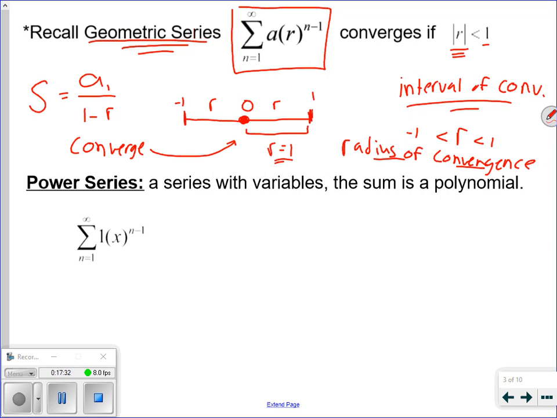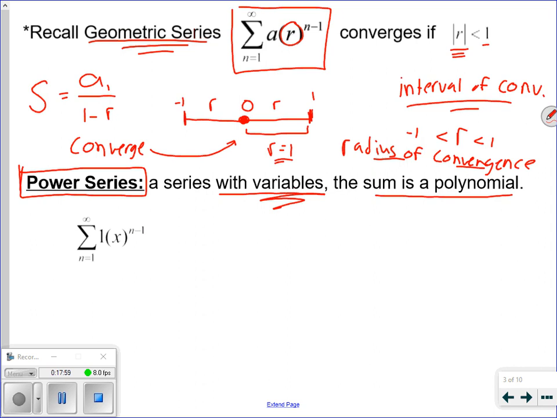So what if we don't have a fixed value for r? What if, instead of saying r, we said, well, r depends on a variable? This is when we introduce the idea of something called a power series. It is a geometric series with variables. The sum is a polynomial.